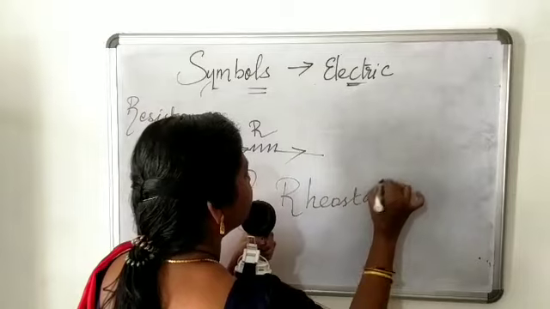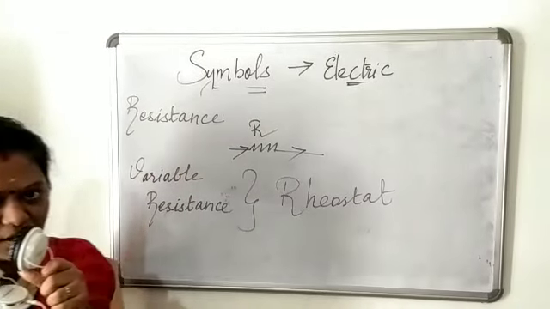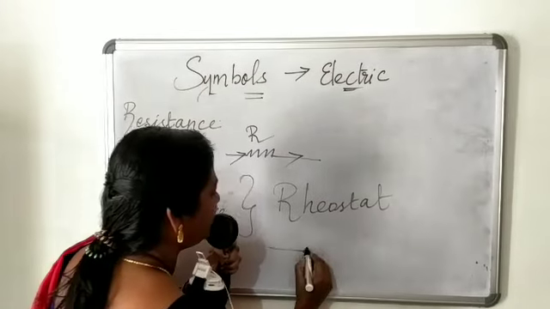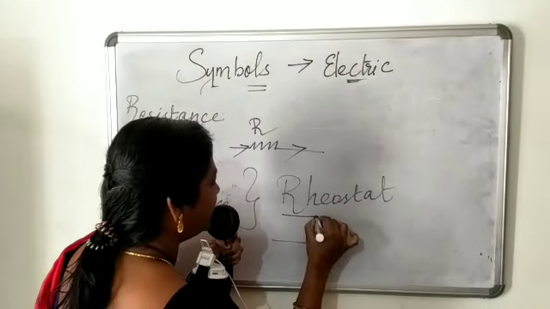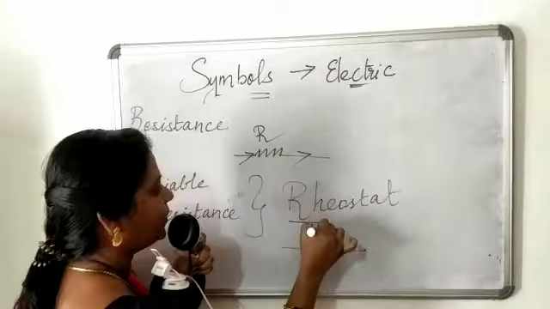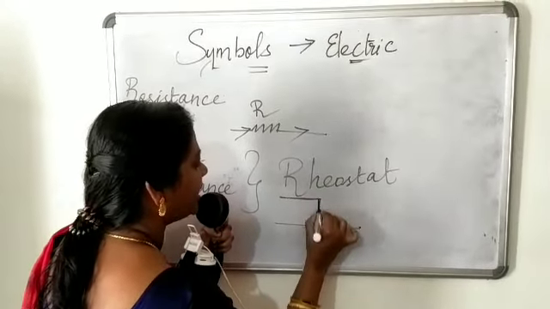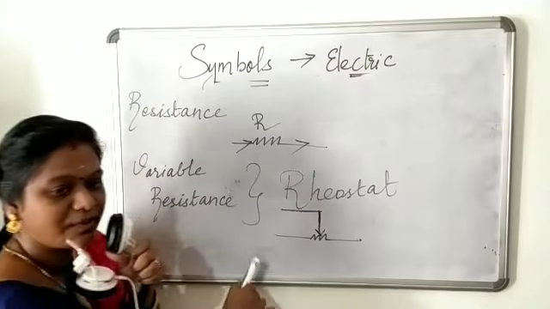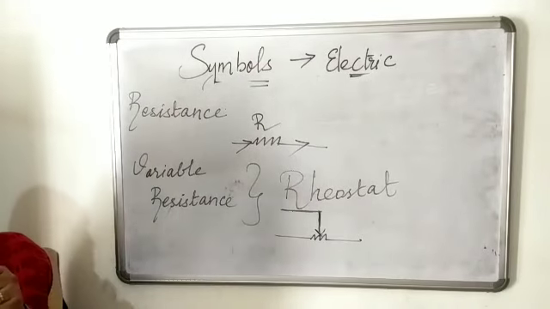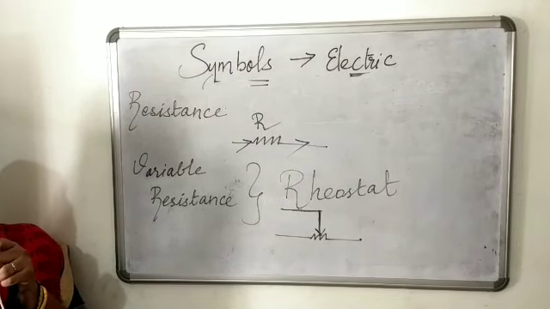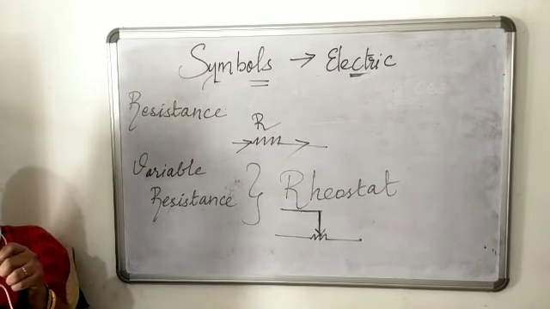This name is called what? Rheostat. So how do you draw this rheostat? A simple resistance, if you put an arrow point like this, is called a rheostat, a variable resistance. Normally we use this for practicals. For a particular voltage, there is only one voltmeter and only one ammeter.